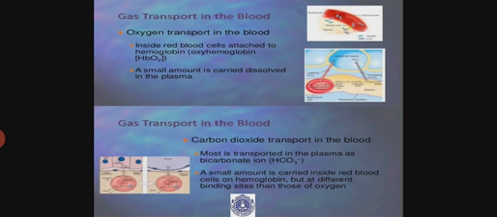And continuing with gas transport in the blood, carbon dioxide is also transported in the blood, and most of it is transported in the plasma as bicarbonate ions, that is HCO3 minus ions, and a very small amount is carried inside the blood cells on hemoglobin.